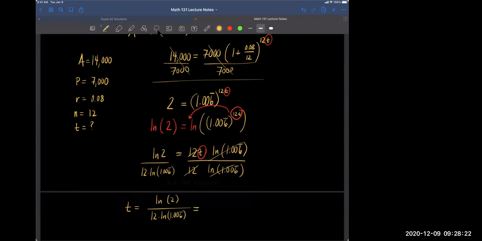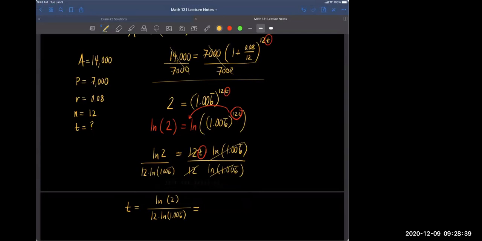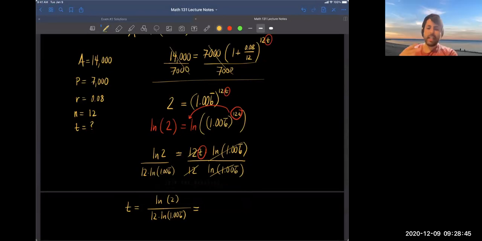Professor, is there a particular reason why you used ln instead of just log? Because there are two kinds of logarithms that we tend to use: log base 10 or log base e. It doesn't matter at the end of the day.